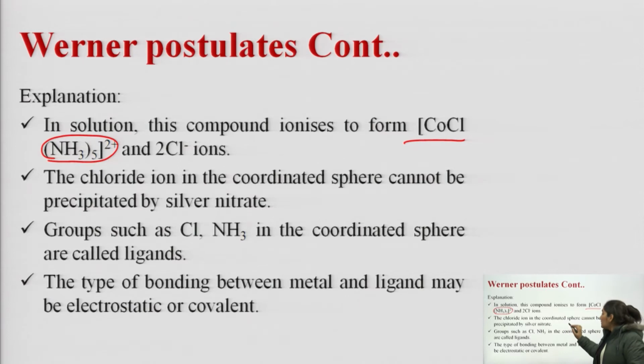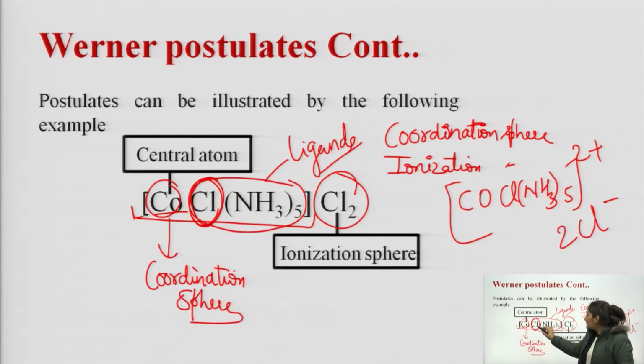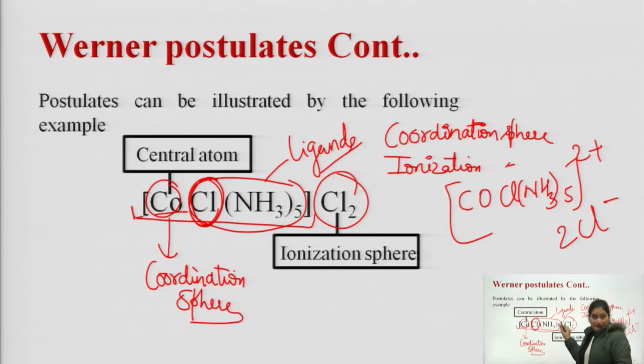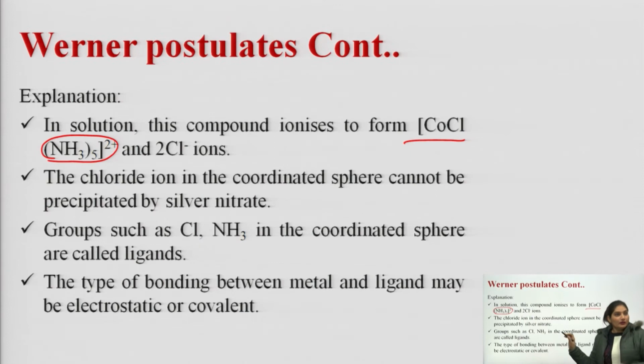And the groups that are present such as Cl and NH3 are in the coordination sphere and are called ligands. The type of bonding between metal and ligand may be covalent bonding or electrostatic bonding. So, this is the explanation of Werner postulate.